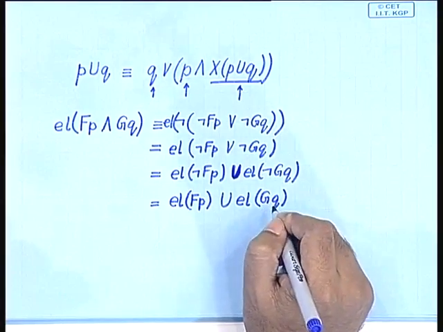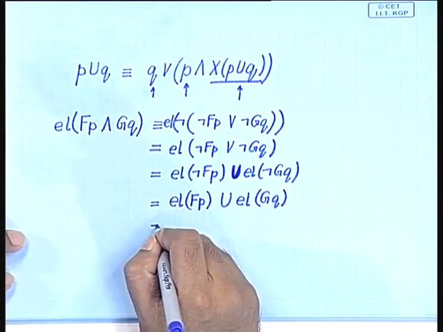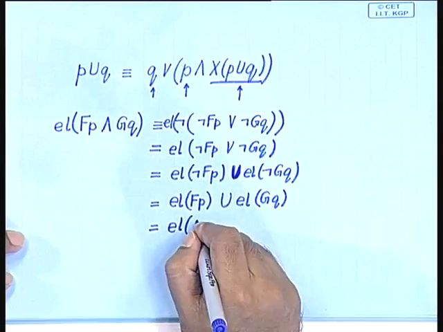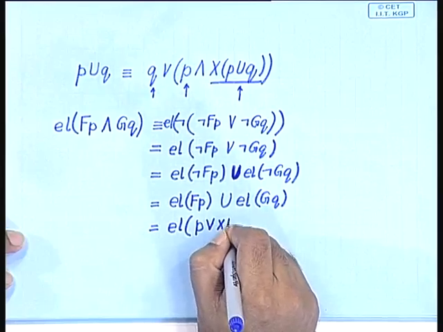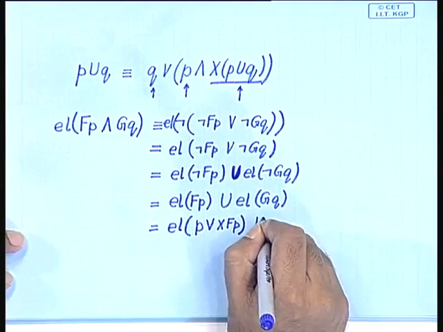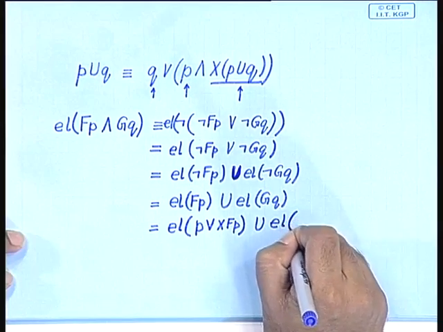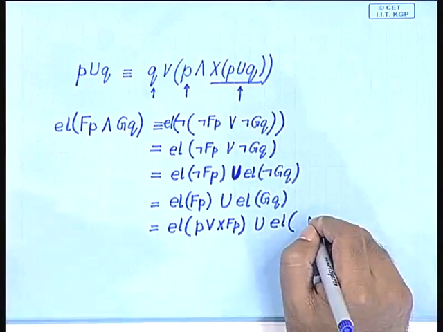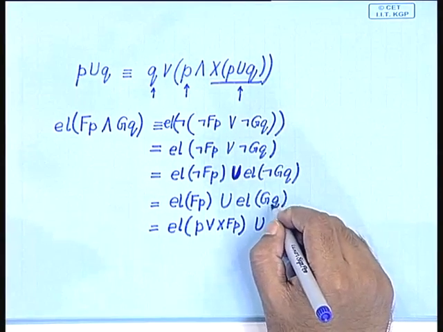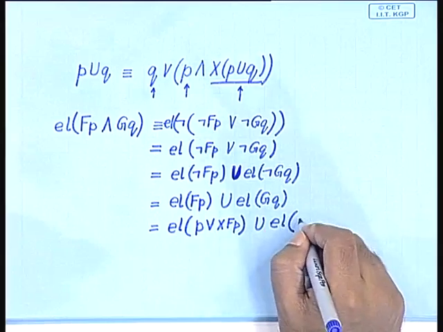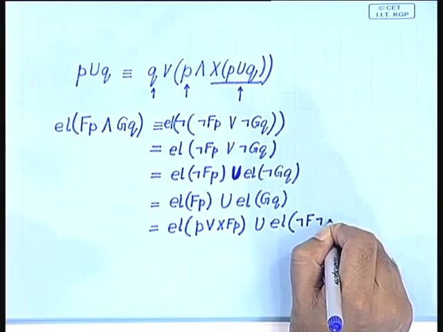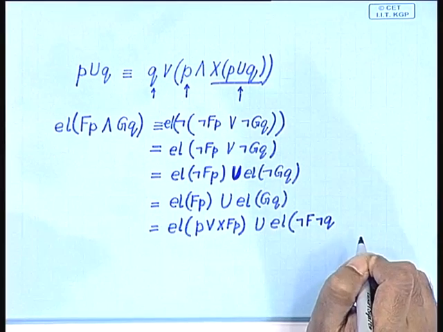Now, what do we rewrite F p as? The elementary of P or X F P, union the elementary of this, which we will write as, again here you can rewrite this as not F not Q.